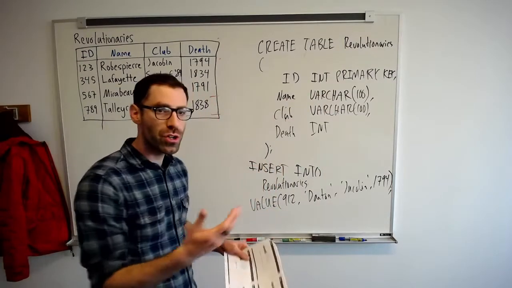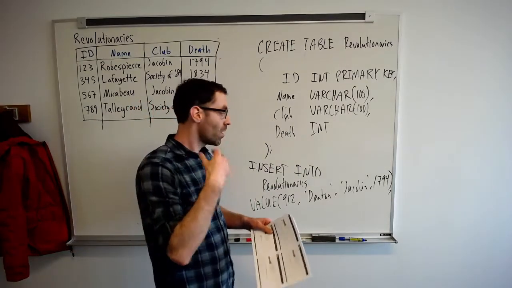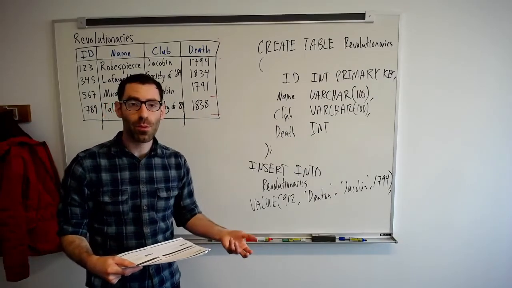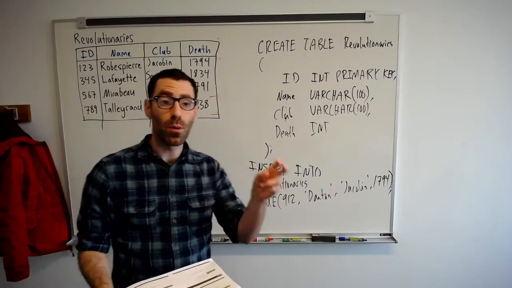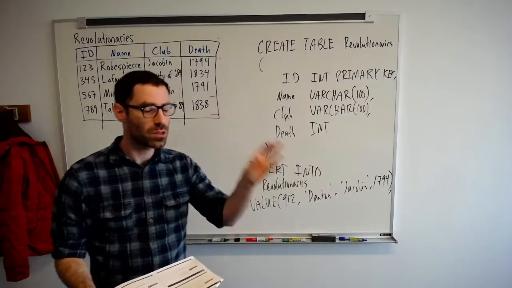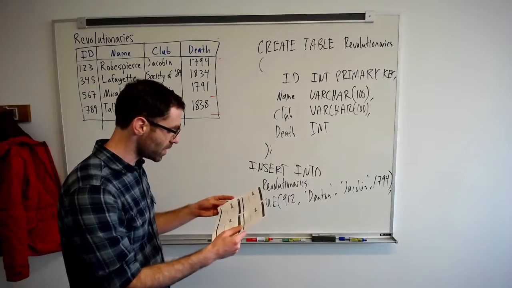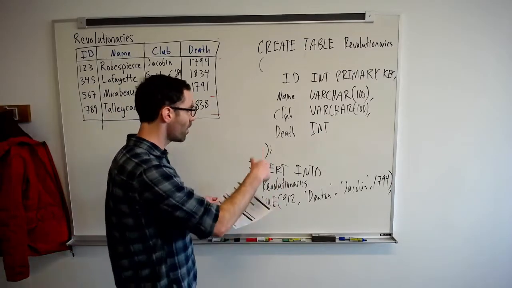As I may have mentioned, we can have a primary key that consists of multiple attributes, which in combination uniquely identify each row of a table.